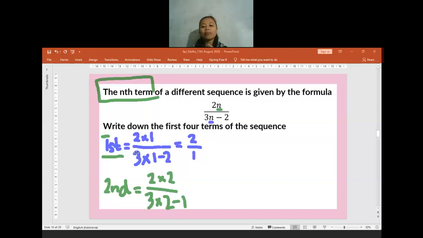And then we have 3n minus 2, which means 3 times n minus 2. The n is equal to 1, so it will be 3 times 1 minus 2. Remember BODMAS, we have to simplify the multiplication first. So we do 3 times 1, which is equal to 3. 3 minus 2 is equal to 1.